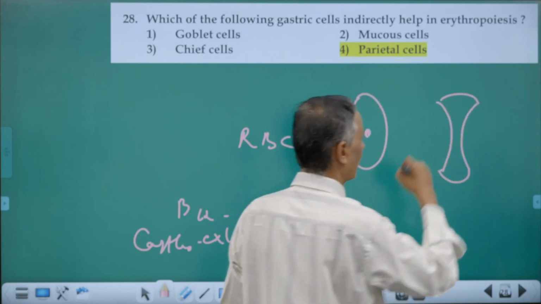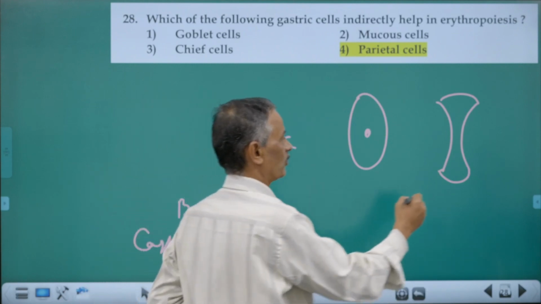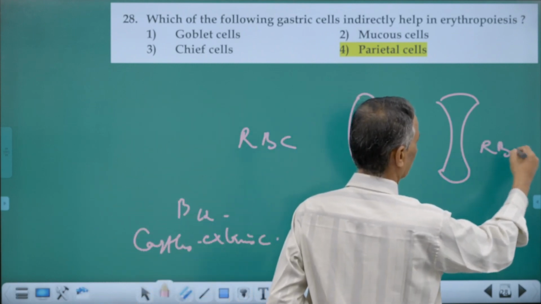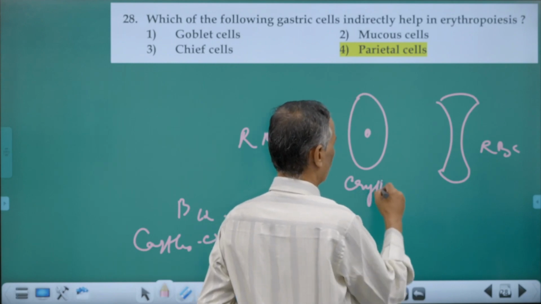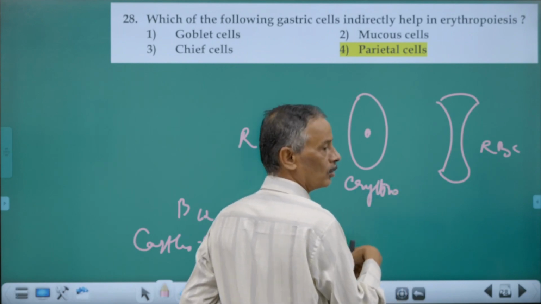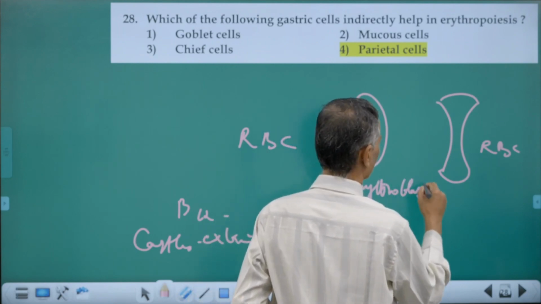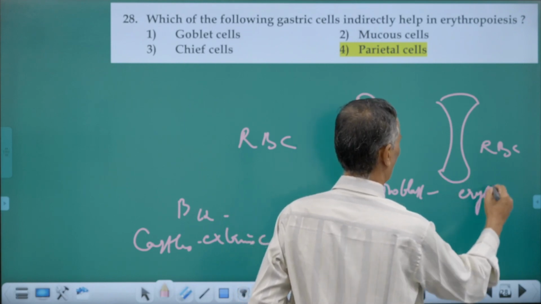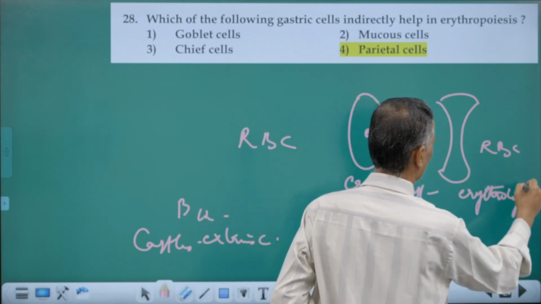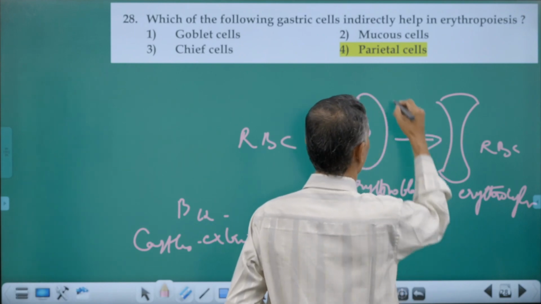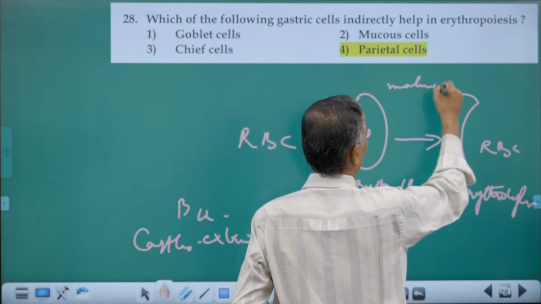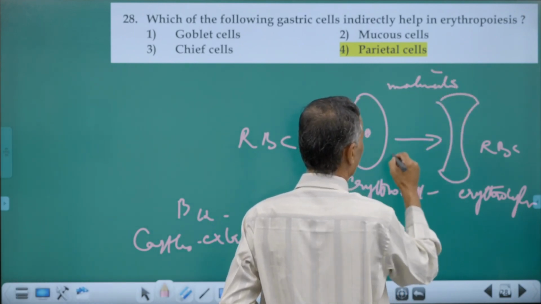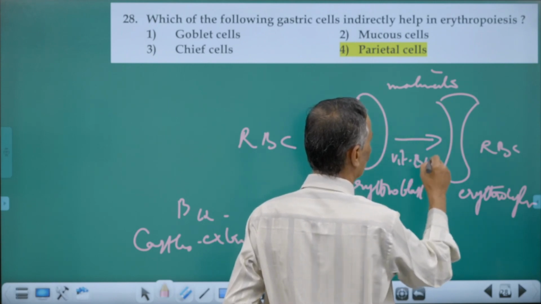Then only they can carry oxygen. This is the mature RBC. This is the erythroblast cell. This is the erythrocyte. This conversion is called maturation. For this maturation, we need vitamin B12.